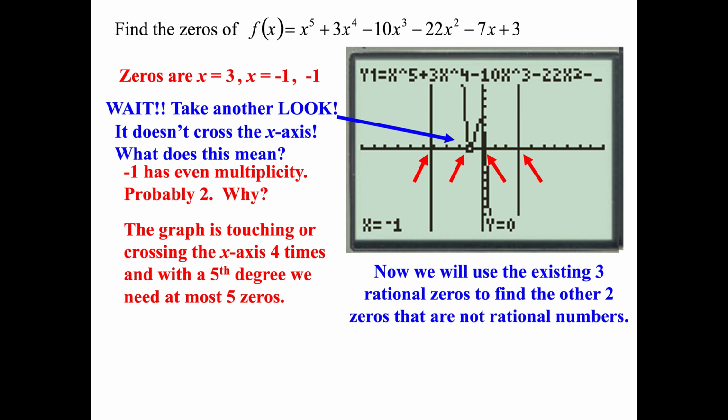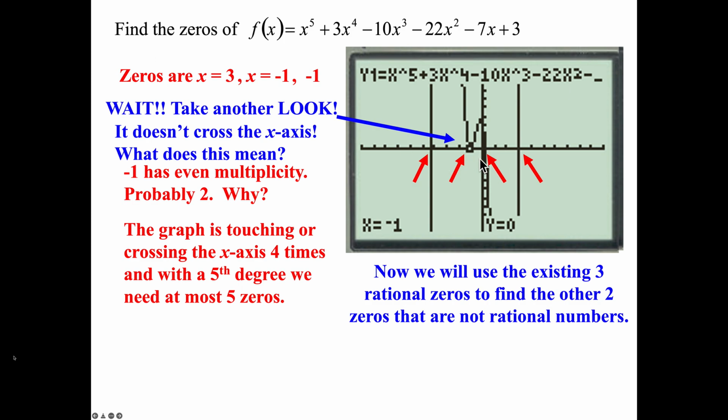So irrational numbers are something like a positive and negative square root of 11, or 2 plus or minus the square root of 5, something like that. So those are the numbers we're going to go find.